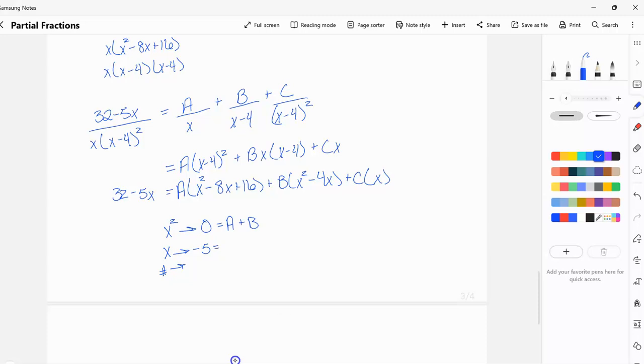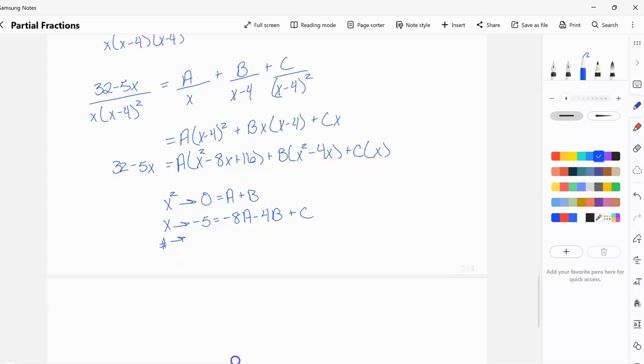On the right, if we were going to multiply through, we're going to have a minus 8a, a minus 4b, and then a plus c coming from here. And then numbers. On the left-hand side, we have a 32. We multiply through here, and that's going to give us a 16 times a. And notice we do not have any other numbers.